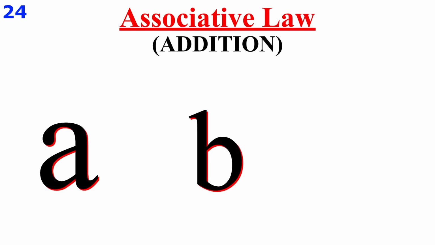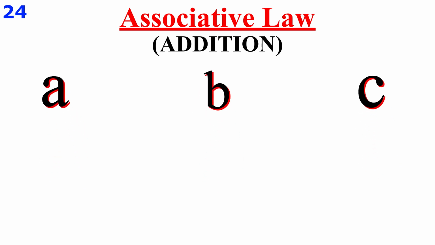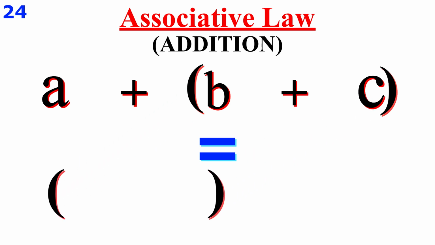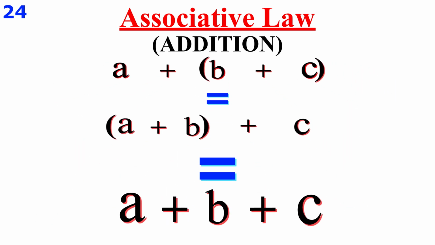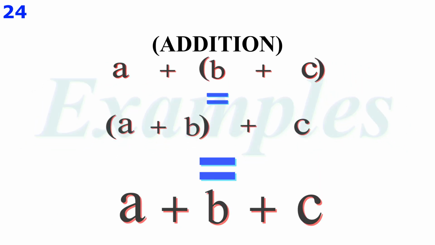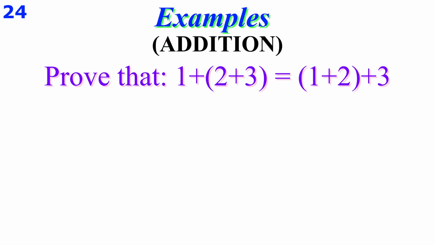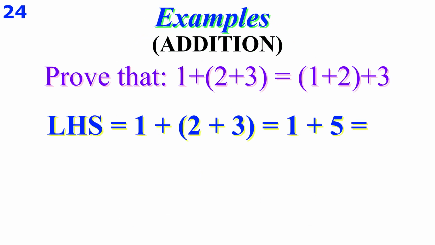If A, B and C are three numbers, then follow the screen. A plus within bracket B plus C equal to within bracket A plus B plus C equal to A plus B plus C. Okay. Let us prove the law for addition, taking LHS first. Now let us take RHS.